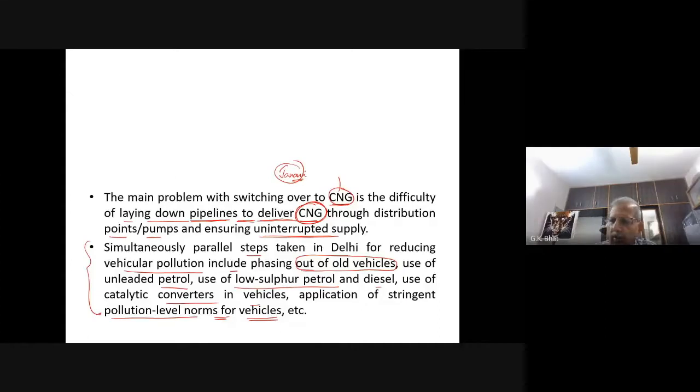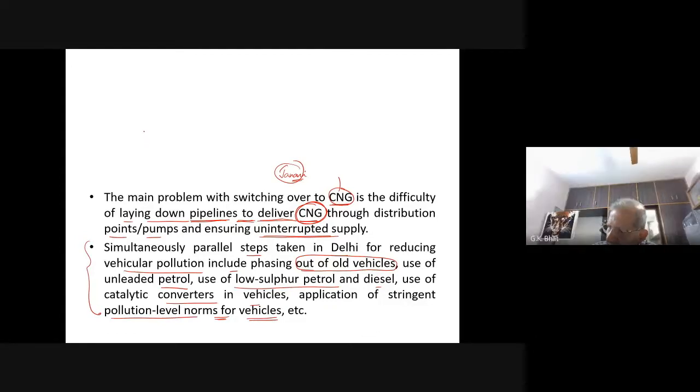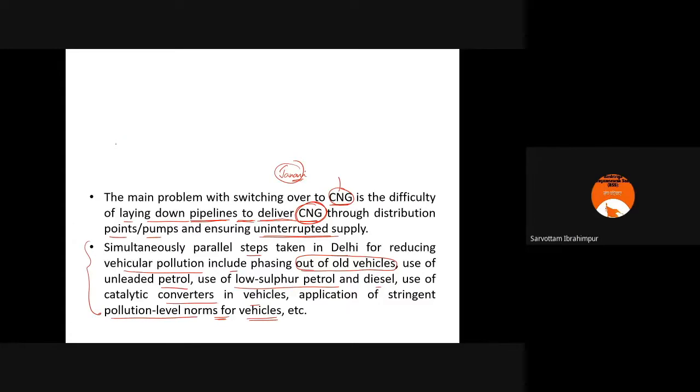I think Navya is better placed to tell, or it may be Sarvottam. Sarvottam, you are riding a vehicle, am I right? Yes, sir. Bike or scooty? Anything. Okay.